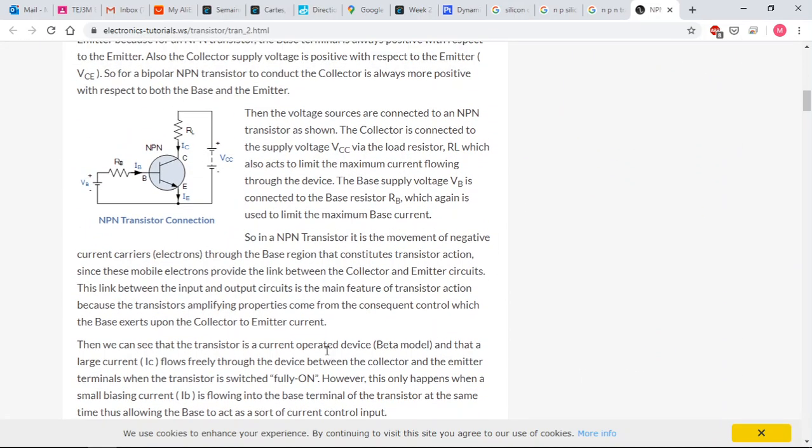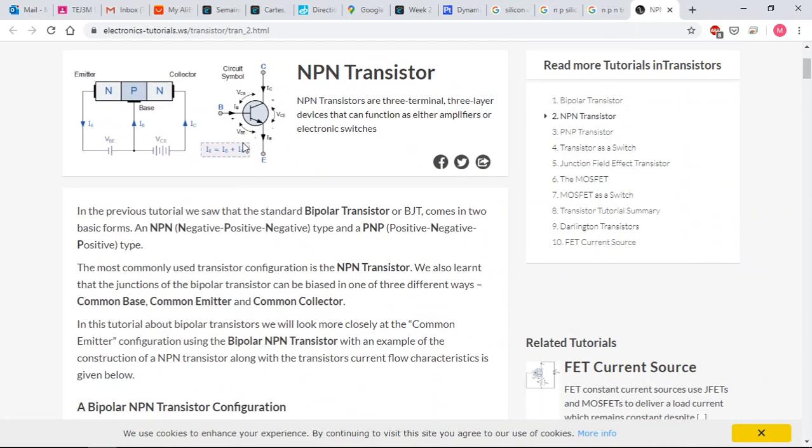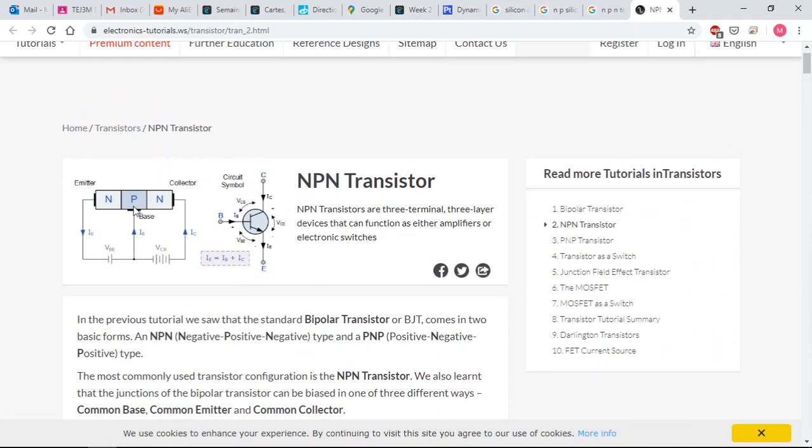So here's the short version of all you need to know. You see IB here. So the middle chunk is called the base. The bottom part, where the arrow is, is called the emitter, 2 T's. And the top part, N, is called the collector.